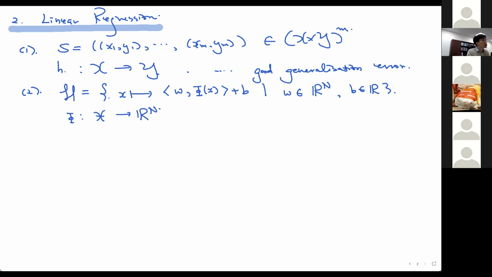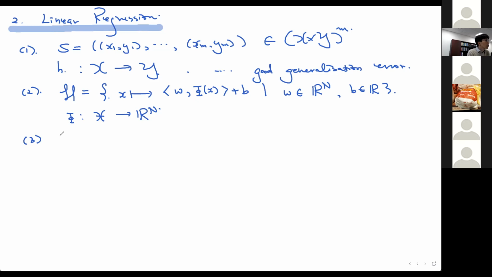That's our hypothesis, and using that hypothesis, the goal is to find one function h that has a good generalization error.